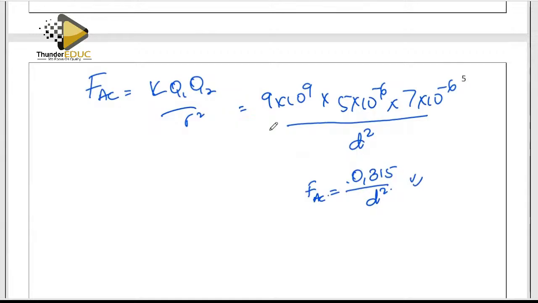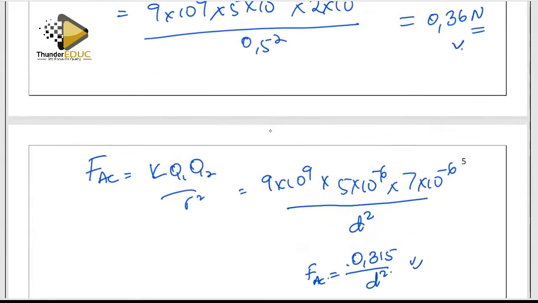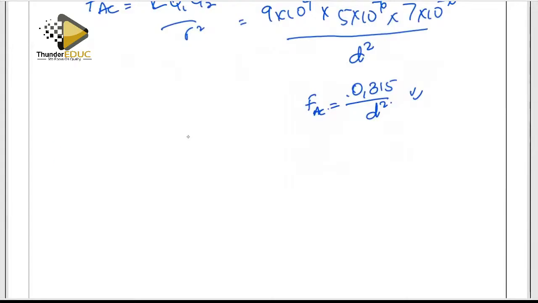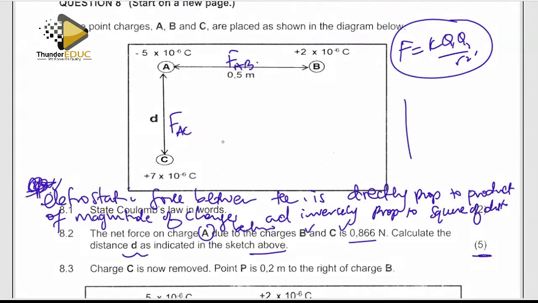Then, since we're talking about the net force being 0.866, I'll say that our F net is 0.866. For the three forces, we're going to have some sort of a right angle triangle. One for the vertical, because there's attraction, and then there's also attraction there. And then one for the horizontal.